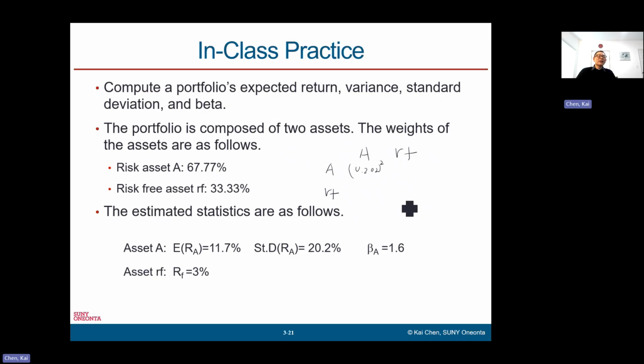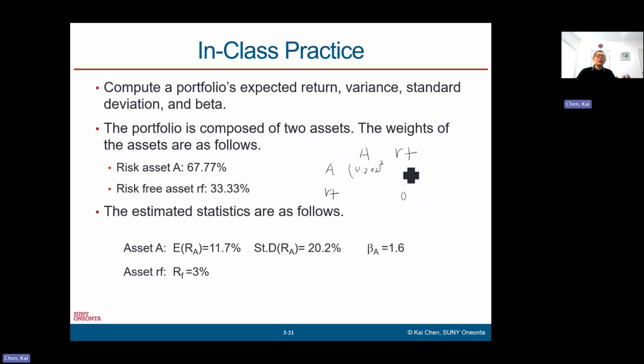You can think of that, right? Risk-free means there is no uncertainty. The return in the next period is constant. Then in this case, what is the standard deviation? The standard deviation is 0, right? And now let's look at the covariance between asset A and the risk-free asset. No matter how the return on asset A changes, the return on the risk-free asset does not change.